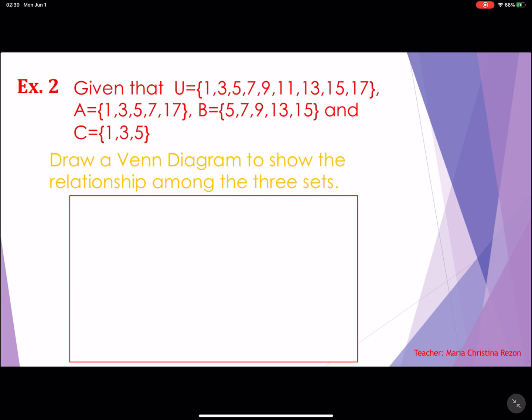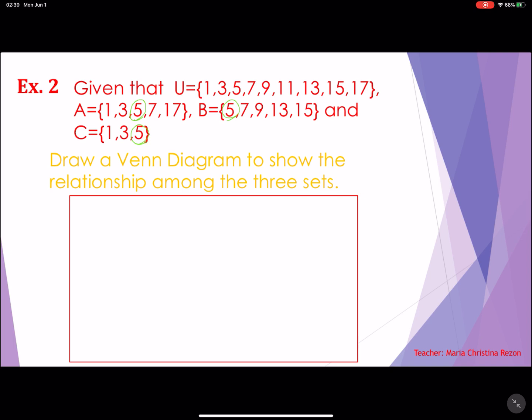And then B has 5, 7, 9, 13, and 15. So we'll take the common elements of A, B, and C. B has some common elements with C, which is only 5.